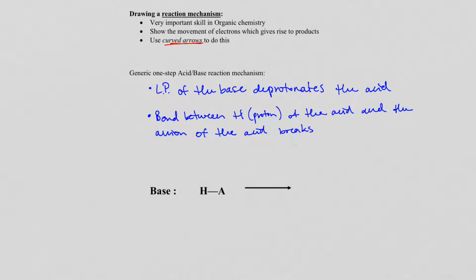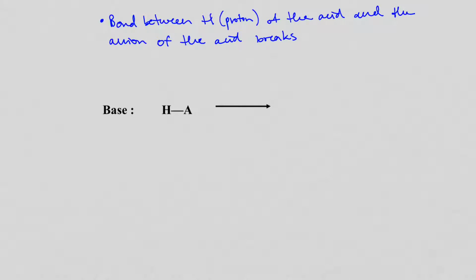So, one arrow is going to make a new bond. The other arrow is going to break the previous bond. So how do we do this? We draw a curved arrow from the lone pair of the base to the proton of the weak acid.